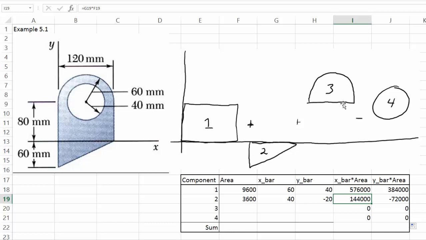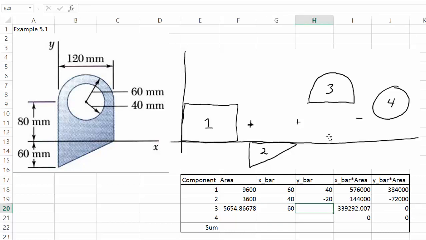Now let's look at this third one. What is the area of that? It's a half circle, so in Excel it's pi times r, where r is 60, squared, but it needs to be divided by 2. That's our area. What is our X bar? X bar is just right in the middle, so that's going to be 60.